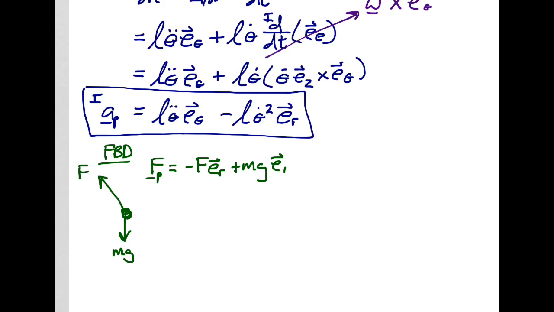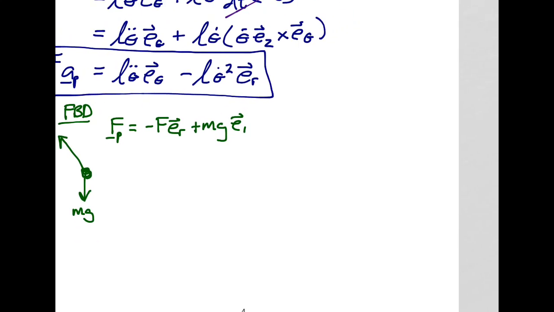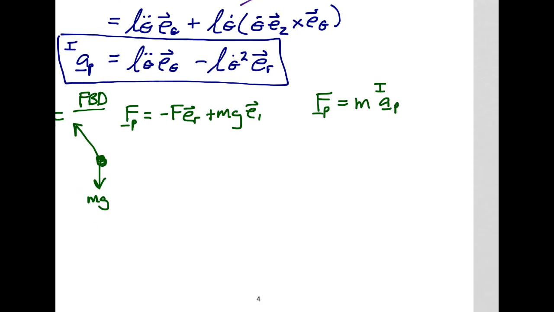And so we now apply Newton's second law, and Newton's second law says that all the forces on particle P are equal to the mass of that particle multiplied times the acceleration of that particle as observed in the inertial reference frame. So we can start plugging it in. So all of our forces are minus F E sub r plus mg E sub 1.